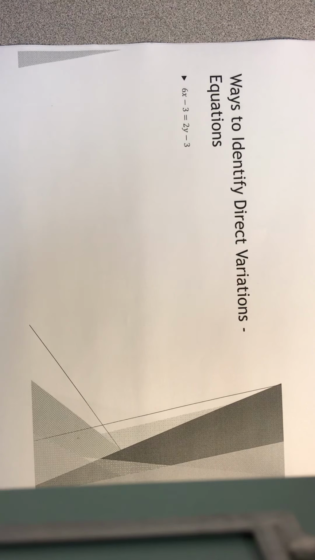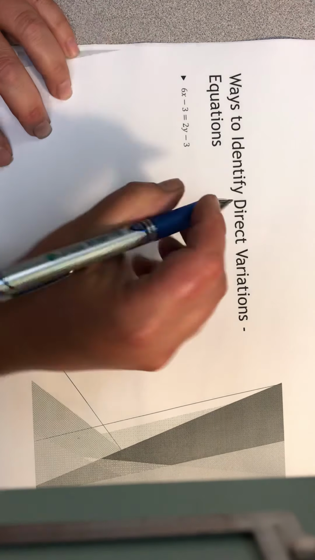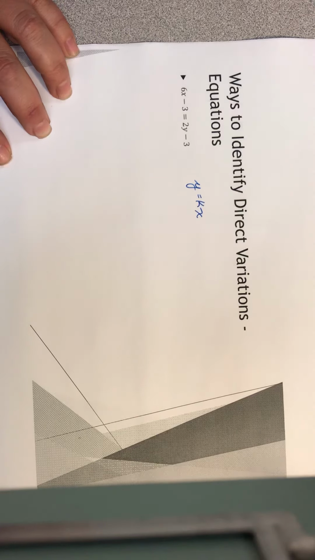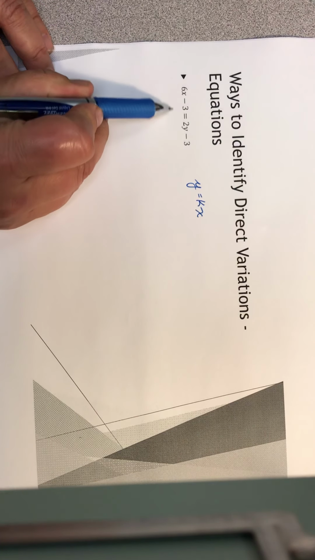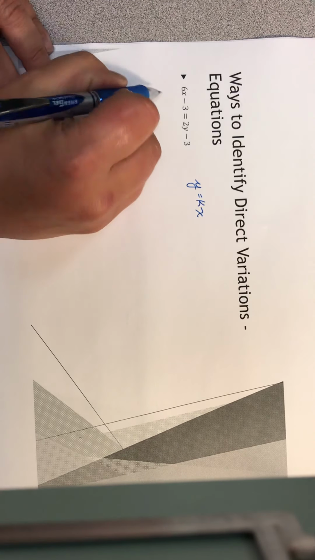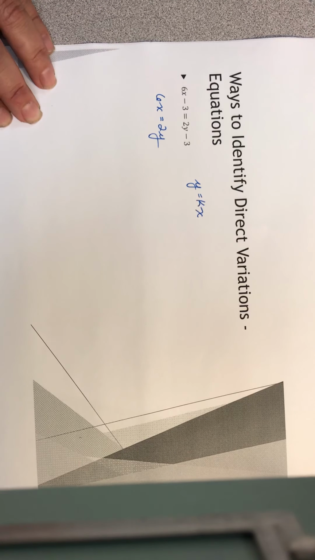How do we tell from an equation? Well, we just have to simplify, right? We want something of the form y equals kx. That's what we're looking for, ultimately. Let's simplify this equation. We're going to add 3 to both sides. We get 6x equals 2y. Right away it looks like maybe we have a direct variation, right? So let's divide both sides by 2.